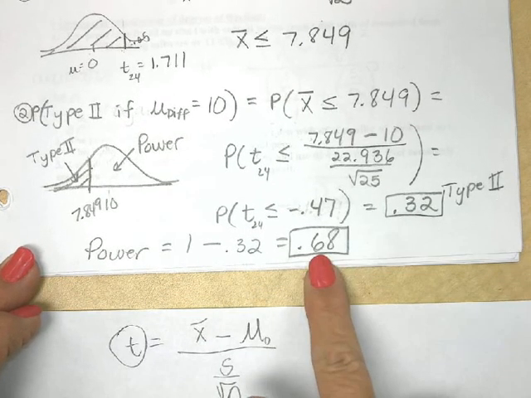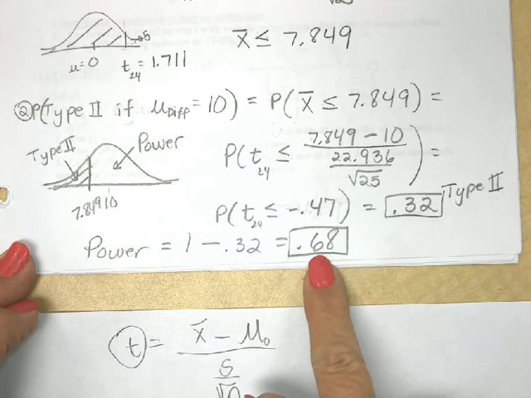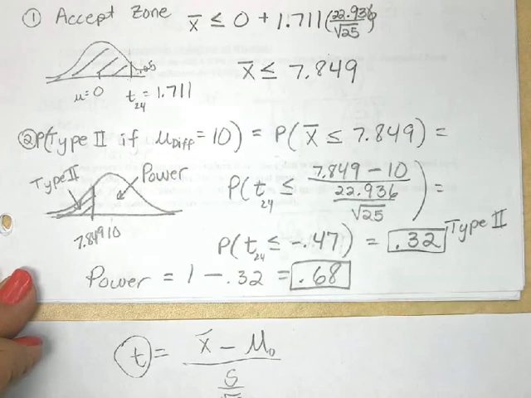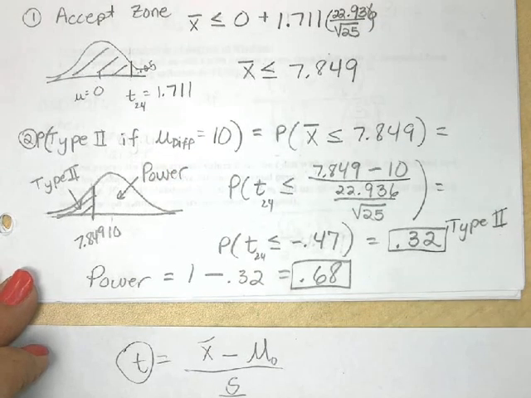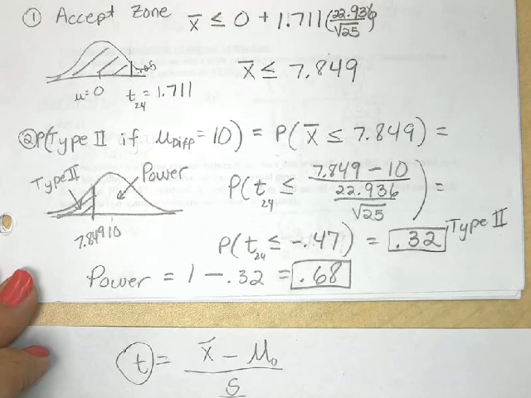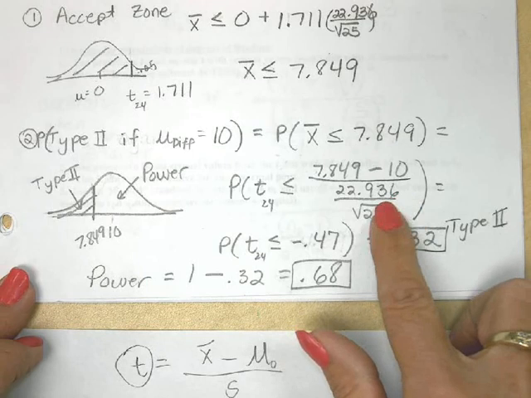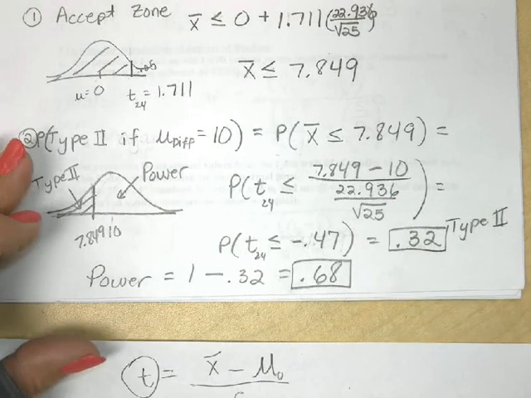68% of the time I will reject the null when the null is actually wrong and the difference in times is actually 10 seconds. So you can see it's much the same as what we did before. The only difference is we don't know the population standard deviation, therefore we have to use a t statistic rather than a z statistic.